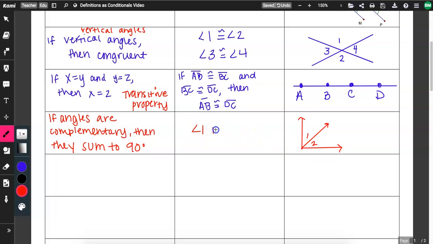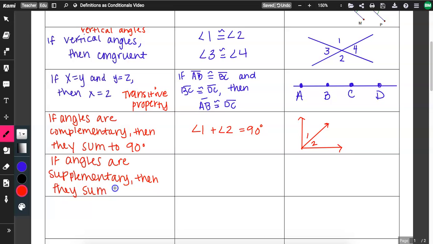So angle 1 plus angle 2 equals 90. And then if angles are supplementary, then they sum to 90 degrees, or sorry, to 180 degrees. Same idea, I'm going to draw a straight angle because I like that example. Angle 1, angle 2, angle 1 plus angle 2 equals 180 degrees. Pretty straightforward there. Right.